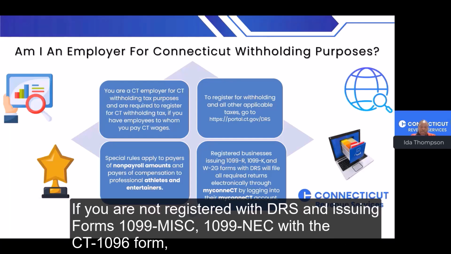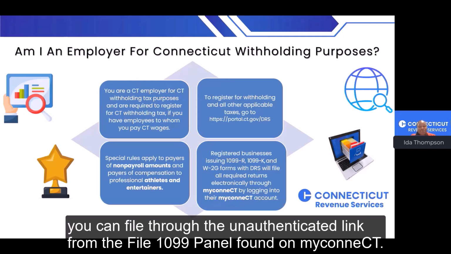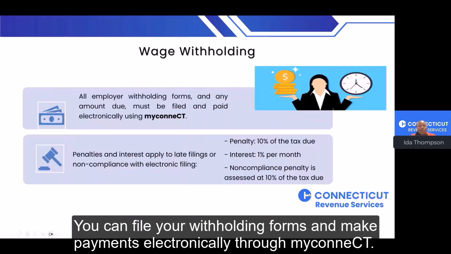If you are not registered with DRS and issuing forms 1099 miscellaneous or NEC with the CT 1096 form, you can file through the unauthenticated link from the File 1099s panel found on MyConnect. You can file your withholding forms and make payments electronically through MyConnect.